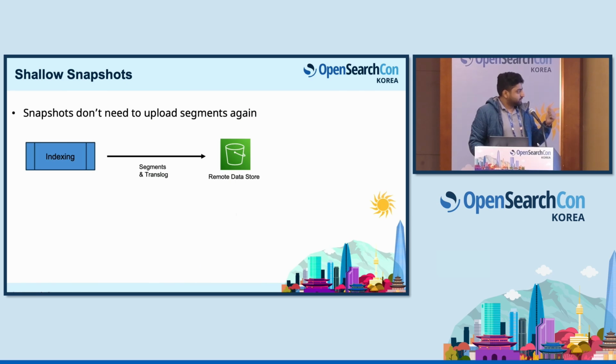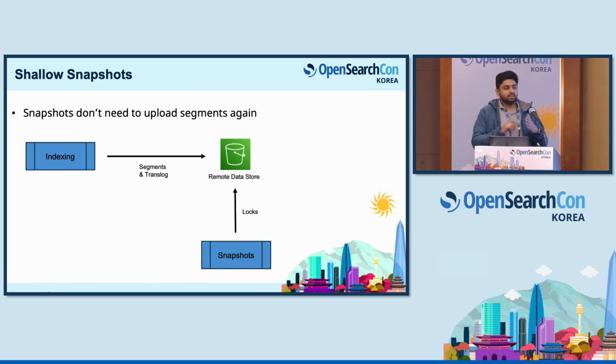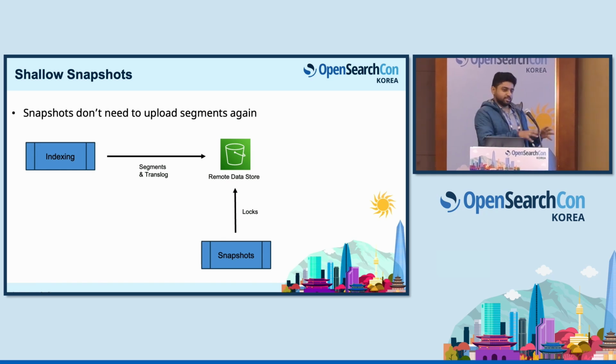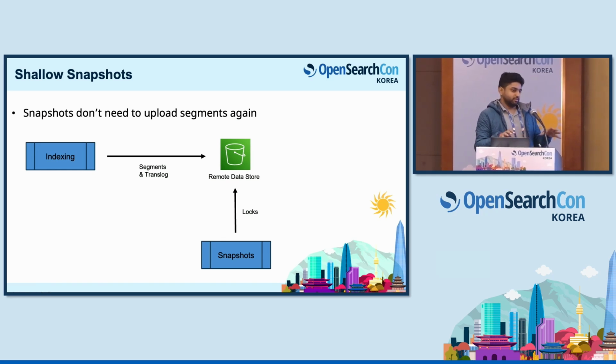So snapshots can be as simple as just uploading a simple log file in your remote store, which will tell that I, as a snapshot, want to lock these segment files that are already present in the remote store. And our garbage collection flow, which was responsible for clearing old data from remote store, will see that these log files are present, and I don't have to clean up these files.